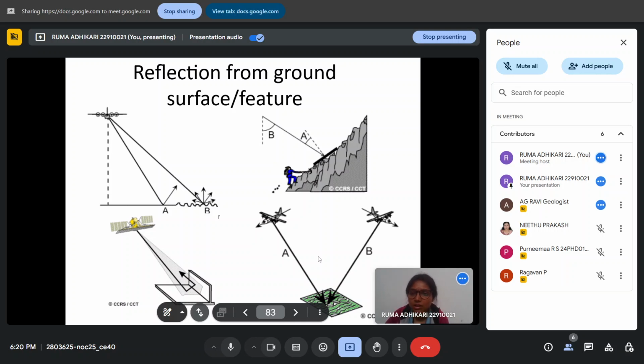Now just to show you, we have different types of targets, different shapes. One is totally smooth, another is of this type, and we will consider all of these types of targets.